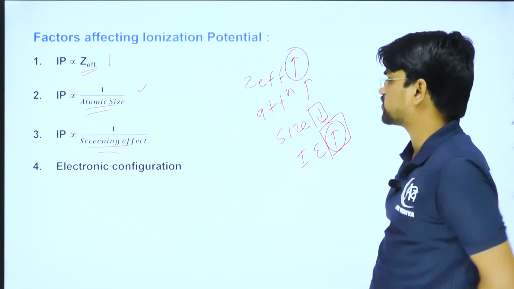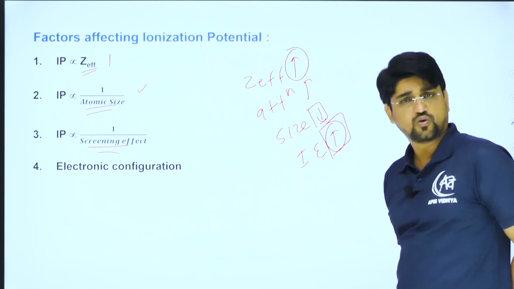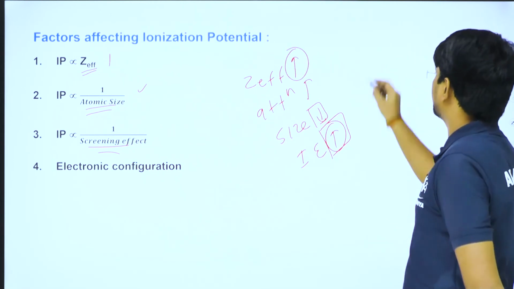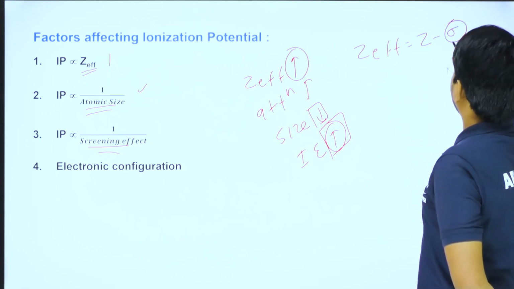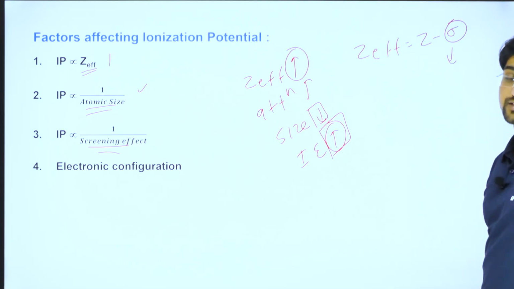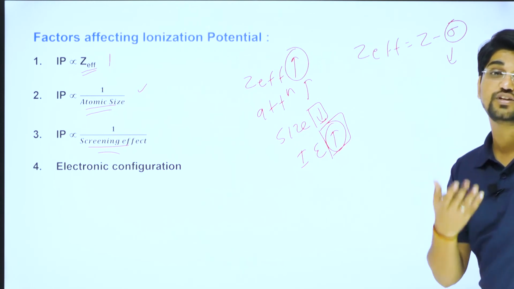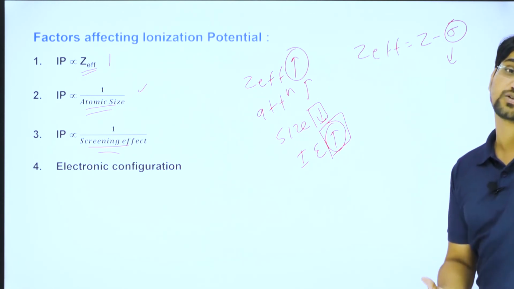Okay? Next point, screening effect. What is the screening effect? Remember, Z effective is Z minus sigma, and what does this sigma do? This sigma is actually the repulsion of electrons.